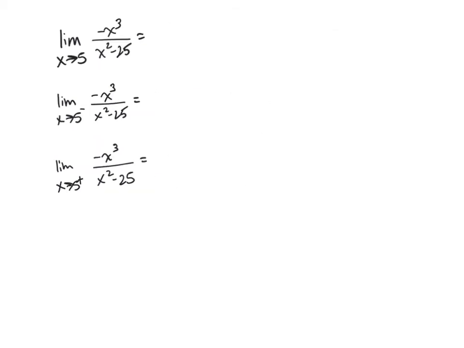Okay, so we've got one more. Here we have negative x cubed over x squared minus 25, and we want to see the limit as x approaches 5. I want to make sure in my calculator I am switching out my previous function. Don't forget to change your function from the previous example.